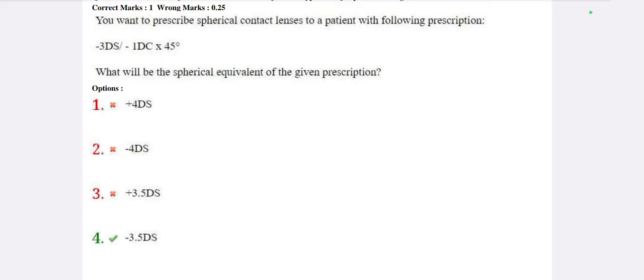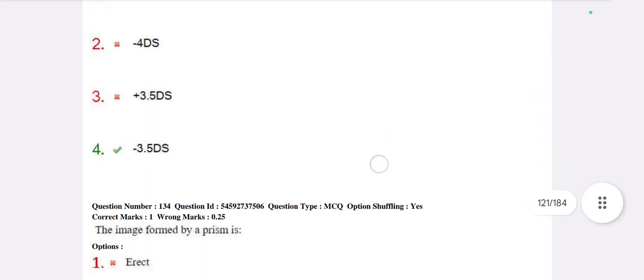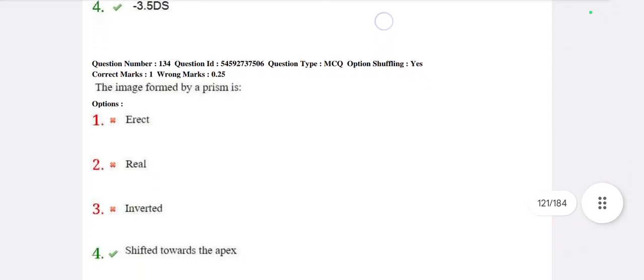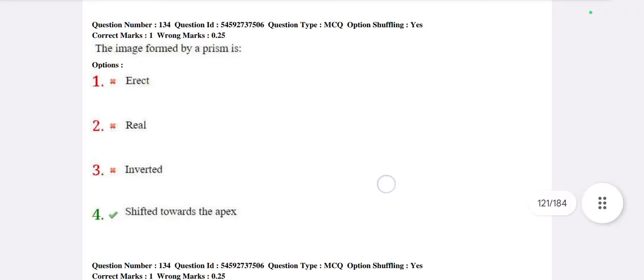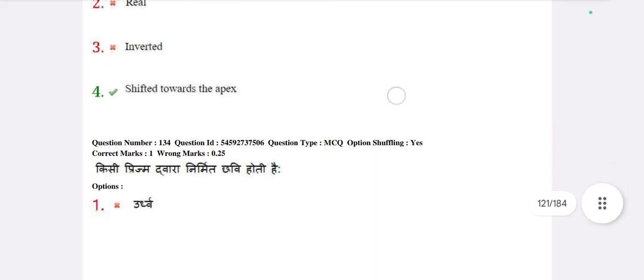Answer is -3.5 DS. Next question is, the image formed by a prism is erect, real, inverted or shifted towards the apex. Correct answer is shifted towards the apex.